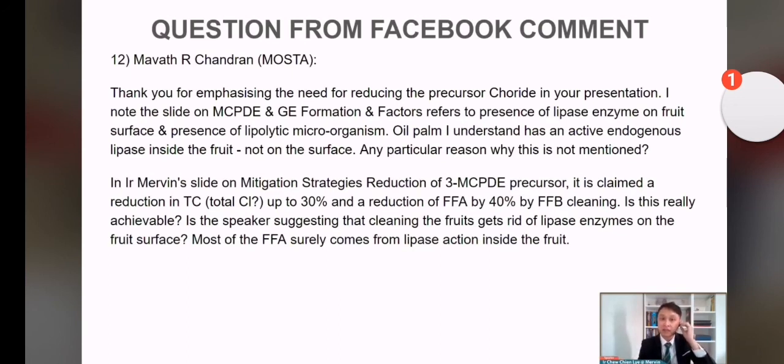I'm not suggesting that the lipase enzyme is washable through water, because as we know, lipase enzyme is not possible to wash away with water. But what we say here is that there's the potential that this high FFA CPO on the surface has been washed out, or any microbial activities or catalysts that induce hydrolysis have been washed out during washing, but not the lipase enzyme in the fruits. Hope I answered the question.